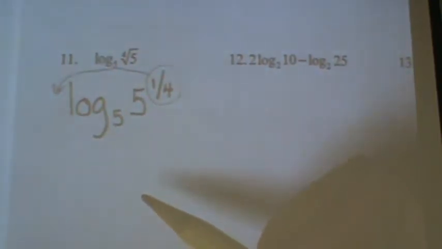Is it just a fourth? It's just a 1/4. Do you remember the trick? You bring the exponent to the front, and if the base is the same as the number, then it's 1. So 1/4 times 1 is 1/4. Did everyone hear Nick? Okay.